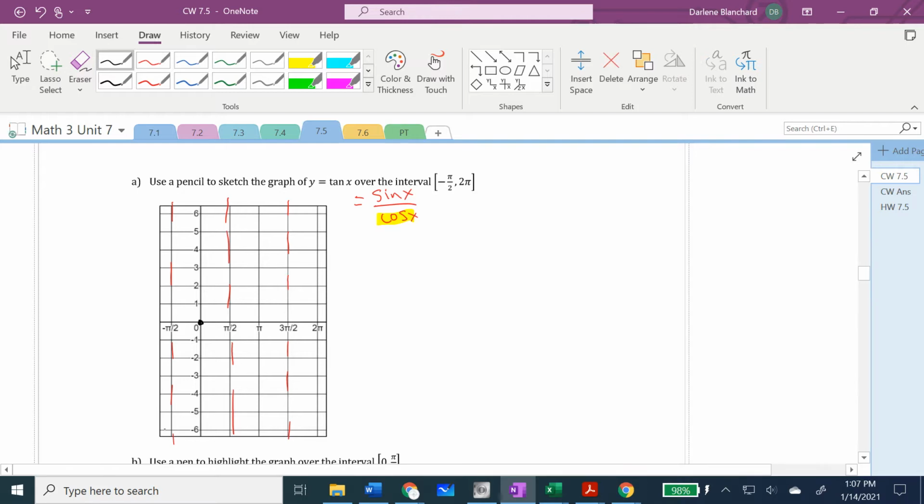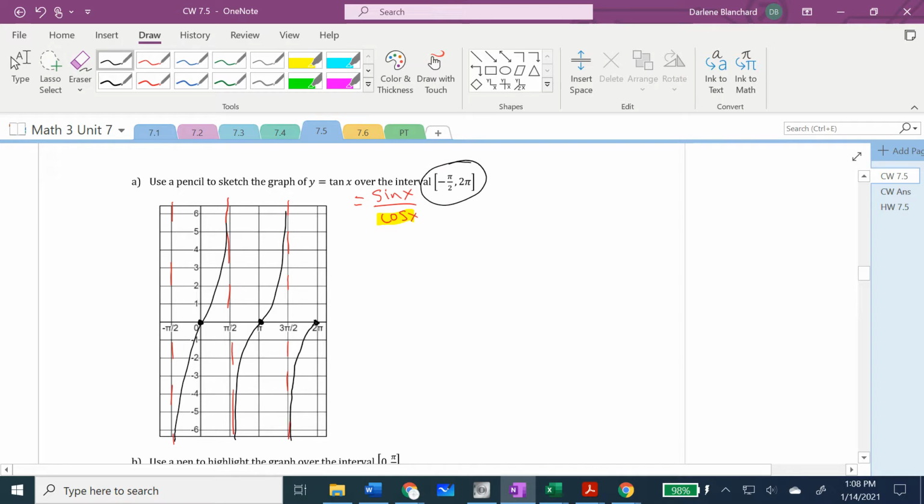So as I go from asymptote to the next asymptote, I head upward. Also, when the sine is equal to 0, it crosses the x-axis, but that's always halfway in between asymptotes. And I asked you to draw this graph from negative pi over 2 to 2 pi.